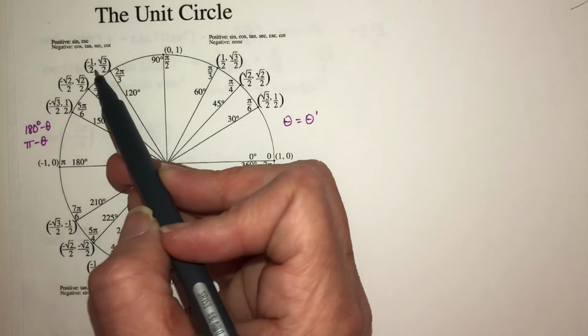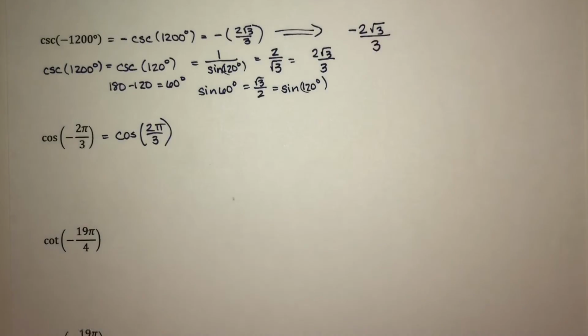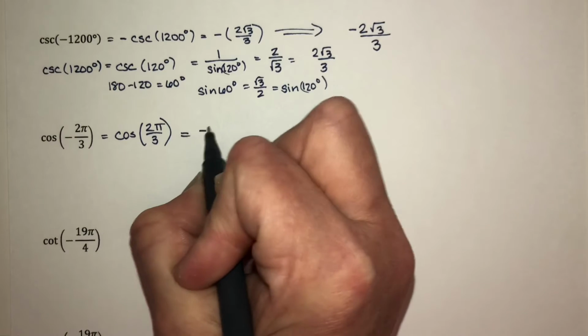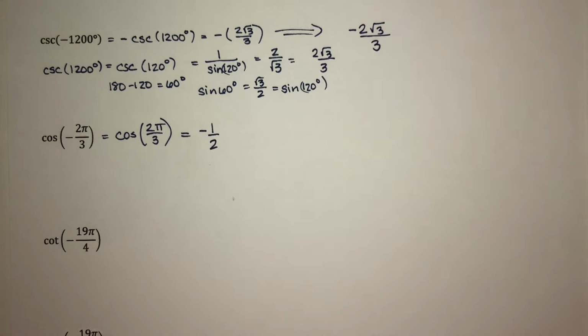Cosine is going to be negative 1/2. So this answer is negative 1/2. We could go through, find the reference angle and everything else and make the sign adjustment, but since it's on our unit circle, I just went with it.